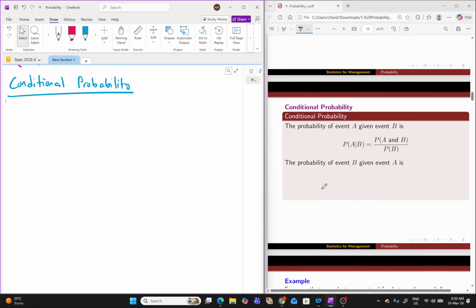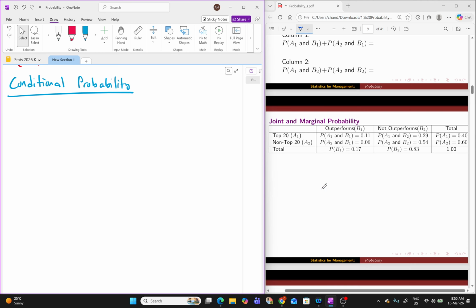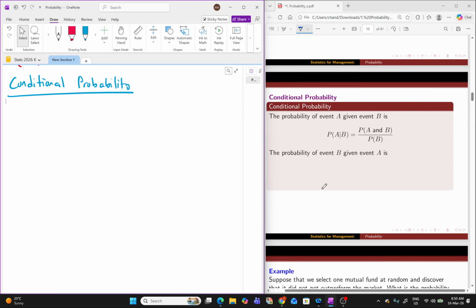Next is conditional probability. Okay. Conditional probability of event A given that event B. Conditional probability is where you are finding a probability after knowing some historical data.